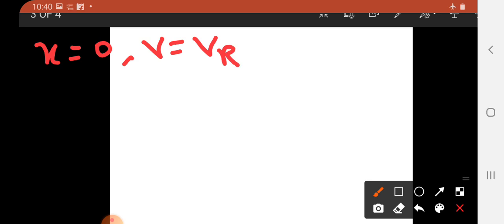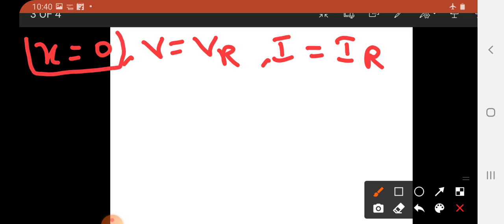So when x is equal to 0, then V is equal to VR, the receiving end voltage, and I is equal to IR. So now let us substitute x is equal to 0 in equation 4 and equation 6.